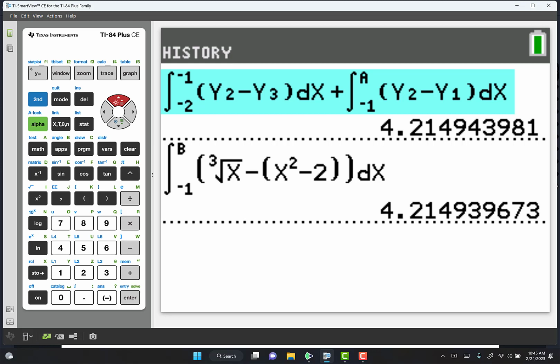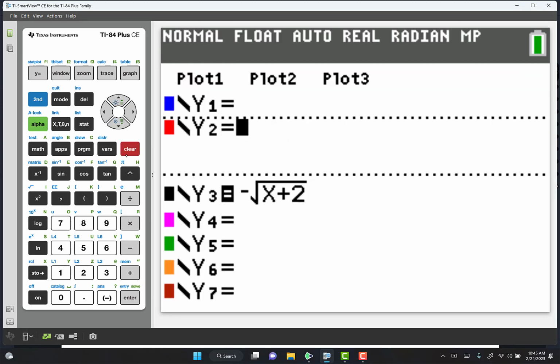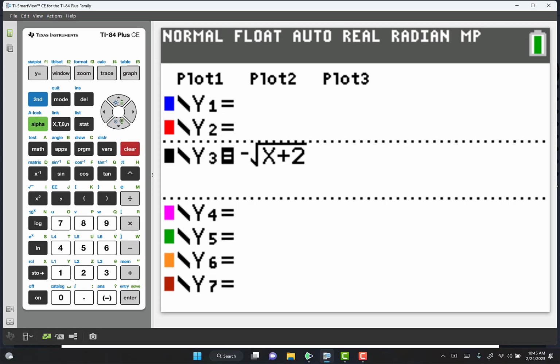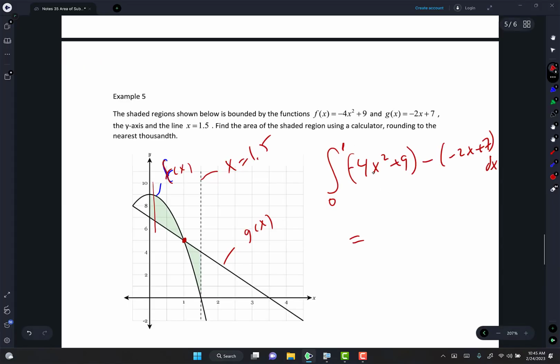So here we go. Y equals. I was trying. Okay, I'll slow down. Negative 4x squared plus 9 in y1.